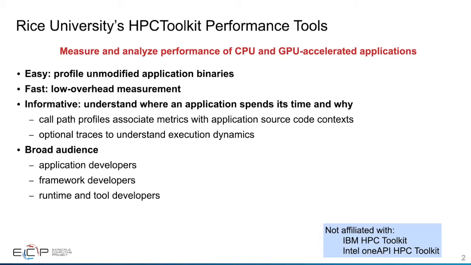HPCToolkit is supposed to generate informative data to help you understand where an application spends its time and why. So we provide call path profiles that associate metrics with application source code contexts. In particular, we're associating metrics with call chains, where a call chain includes a chain of procedure calls.